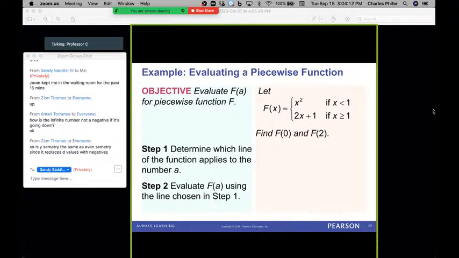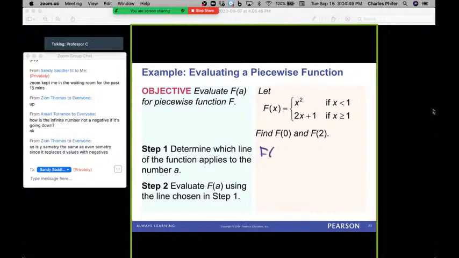So for instance, if we're going to do f of 0, if x equals 0, do we use the first line or do we use the second line? So if x is 0, notice that 0 is less than 1, so we're going to use this line. Let's actually go a little bit darker.